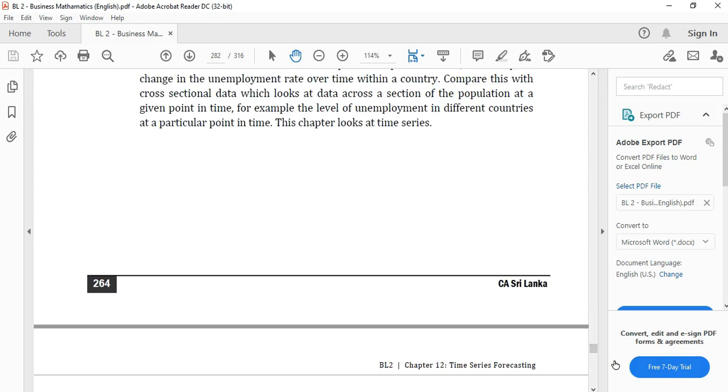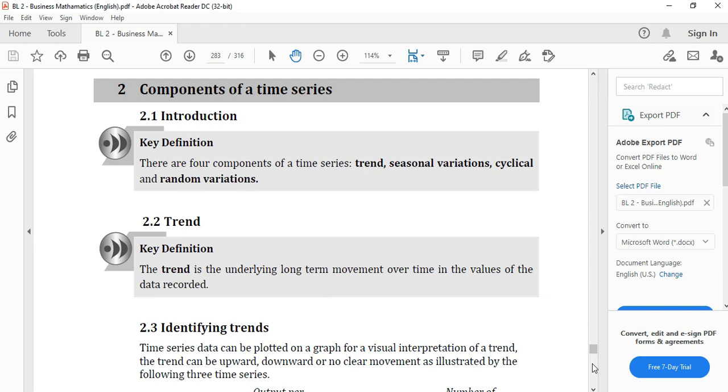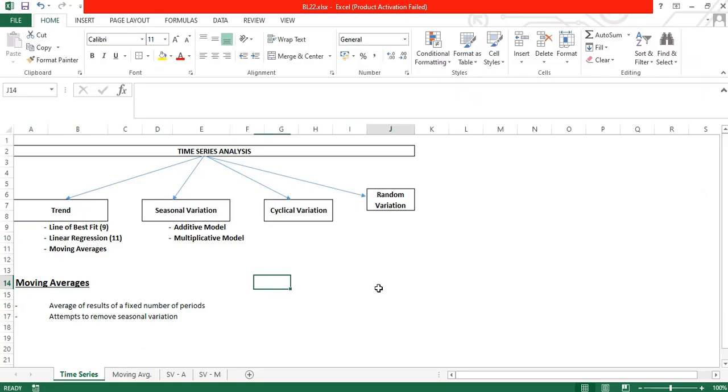So likewise we analyze time series data. In this chapter, they've divided time series into 4 parts: trend, seasonal variations, cyclical and random variations. Trend has to be calculated, and we can use 3 methods to calculate trends: line of best fit, linear regression and moving averages. We will learn that in this chapter.